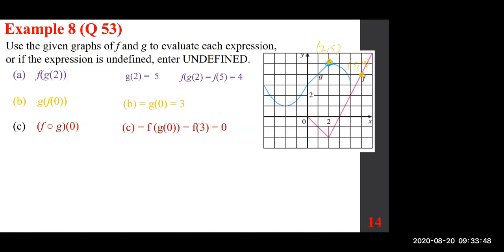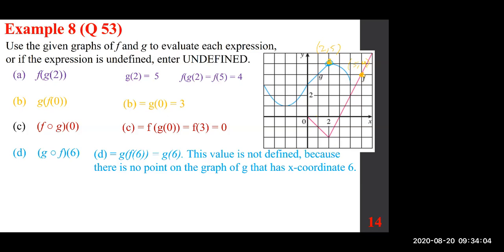The only thing I want to explain in case it comes up, what is g o f of 6? It's g of f of 6, okay? And so the f function is the red one, you find it to be 6, and g of 6 is not defined, it's not given. You can find the rest of them. I'm not going to spend any more time on that.